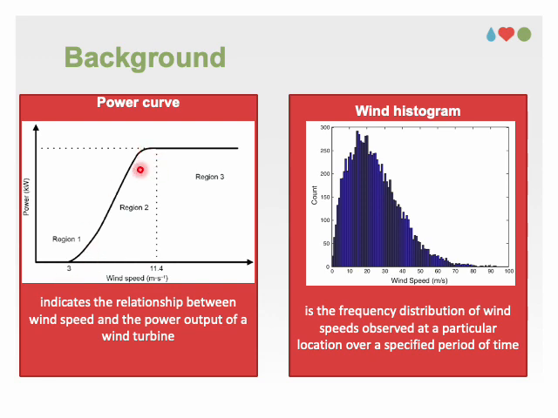The rated wind speed, which is the optimal speed for maximum power output, and the cut-out wind speed, which is the speed at which the turbine shuts down to protect itself from excessive wind speeds. The power curve helps to understand the characteristics of the turbine's performance and its ability to generate electricity at different wind speeds.